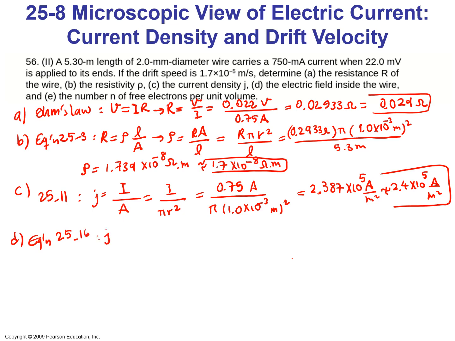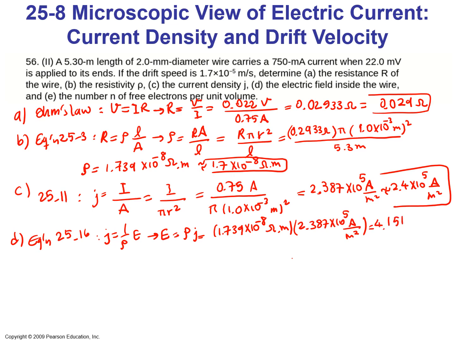It says J is equal to 1 over rho times E, so the electric field is rho times J. We obtain rho from part B, that is 1.739 times 10 to the power minus 8 ohm meter, multiplied by J from part C, 2.387 times 10 to the power 5 ampere per meter squared, and that gives us 4.151 times 10 to the power minus 3 volts per meter, almost 4.2 times 10 to the power minus 3 volts per meter.